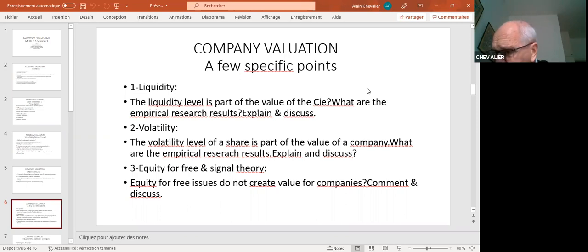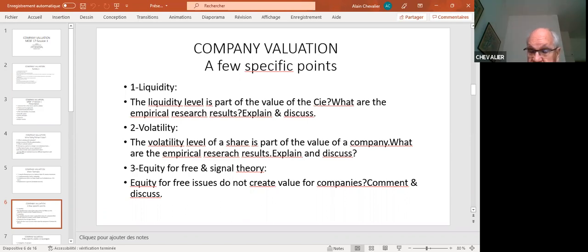So these two effects, lower prices and higher liquidity, and signal theory are the explanation of value creation when you have an equity issue for free. So liquidity, volatility, equity for free, and signal theory, you have to take into account all these elements in your valuation calculations and policies.